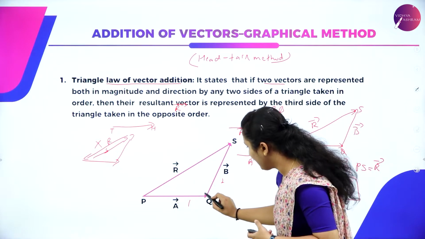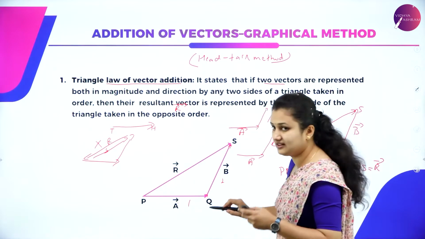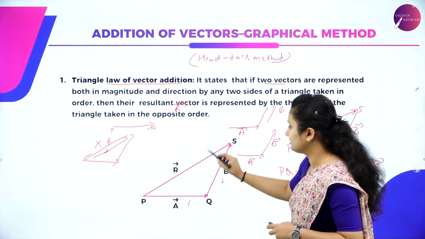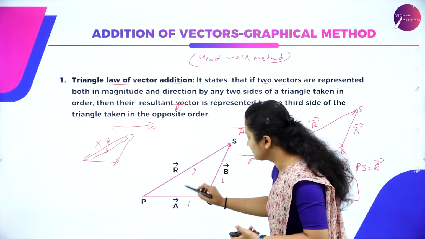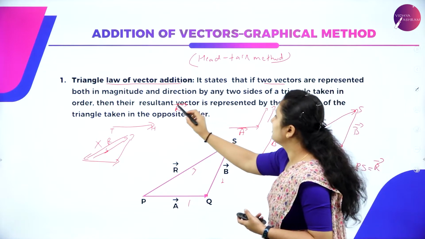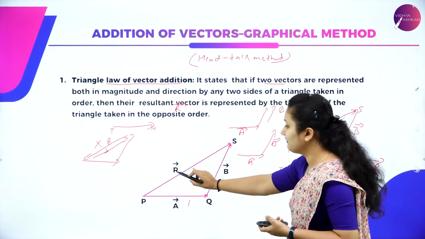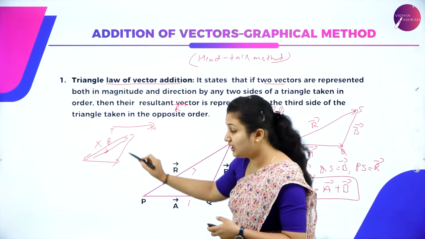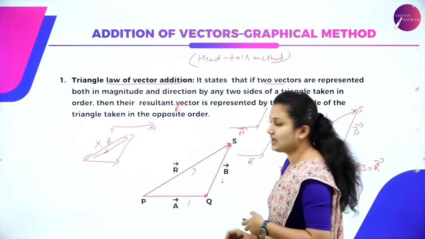So you have an arrow on this side, you have an arrow on this side. They are in the same order. Then the resultant vector R is represented by the third side of the triangle taken in the opposite order.